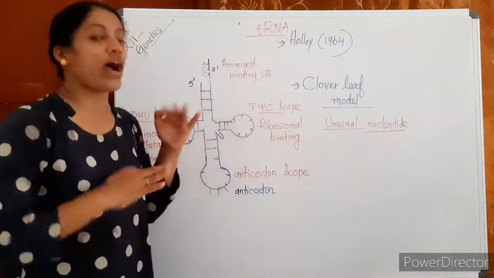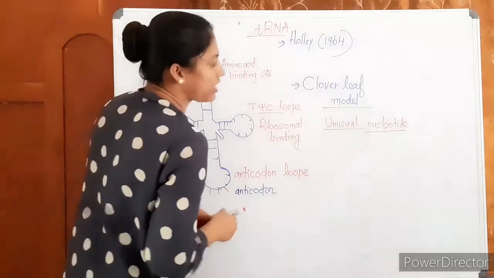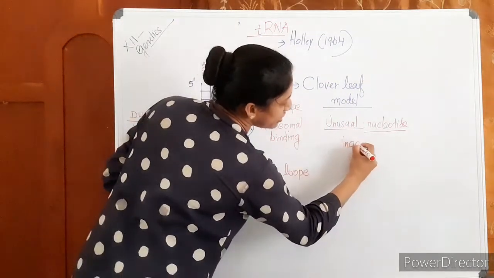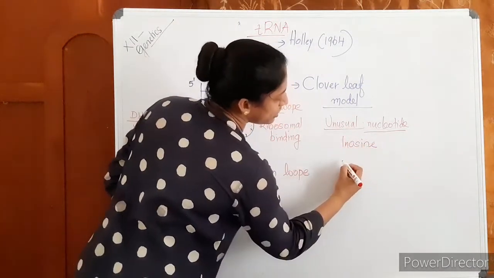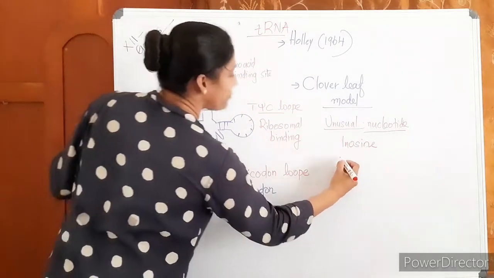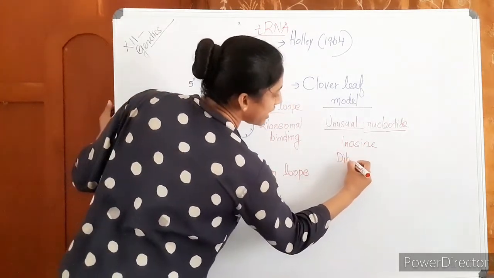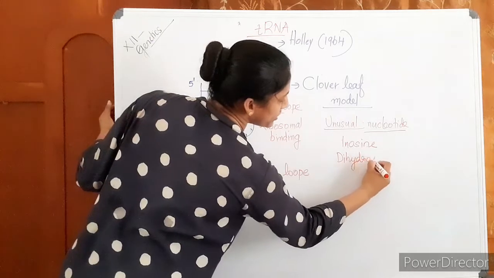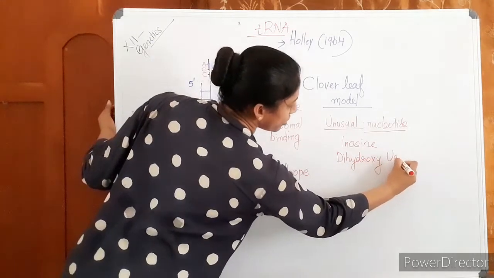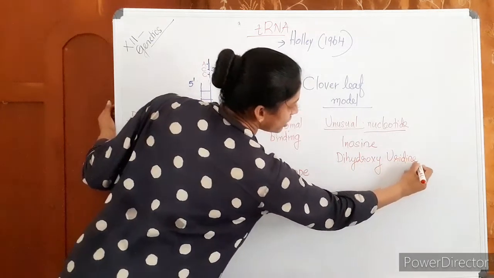Whereas here there are unusual nucleotides like inosine, then this one, dihydroxyuridine, that's why the name, since there is more DHU there, that loop is called so.